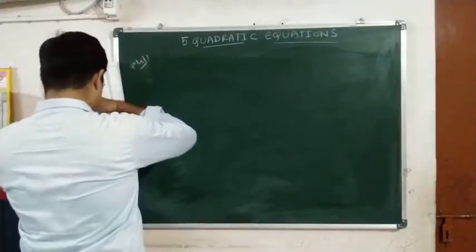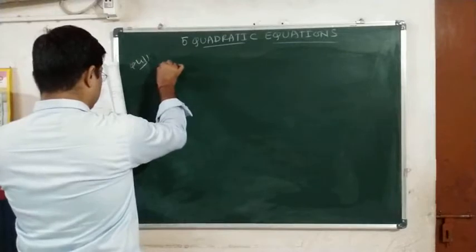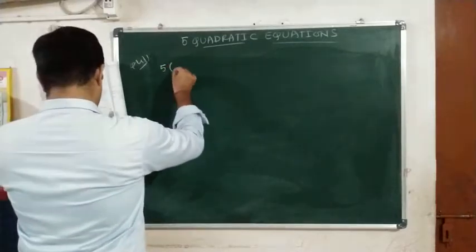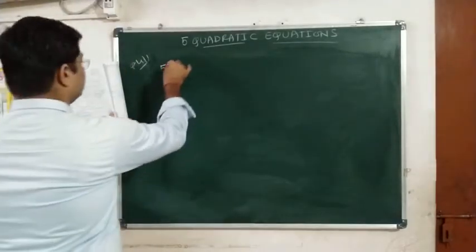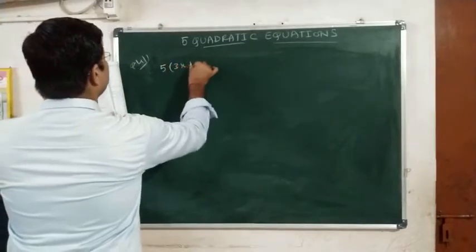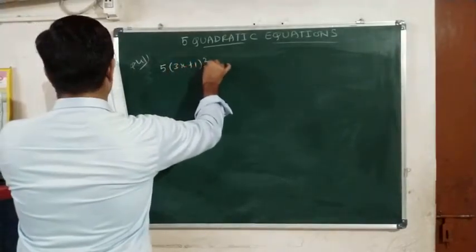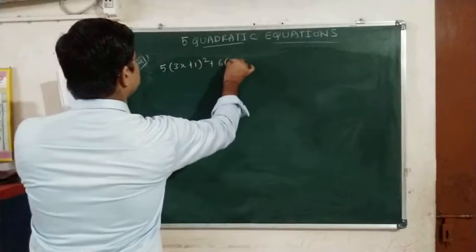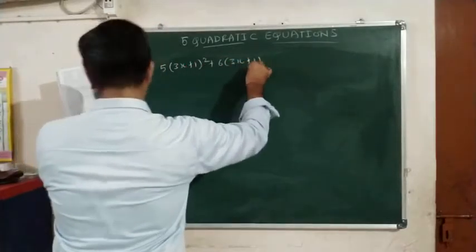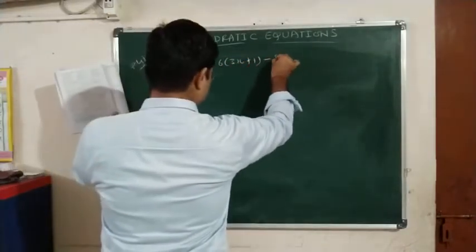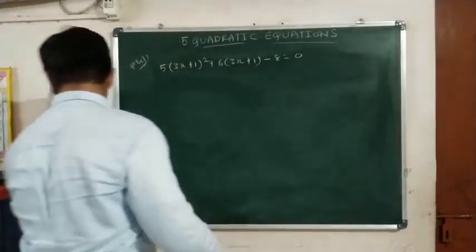Question number 41: 5 into bracket 3x plus 1 the whole square plus 6 into 3x plus 1 minus 8 is equal to 0.